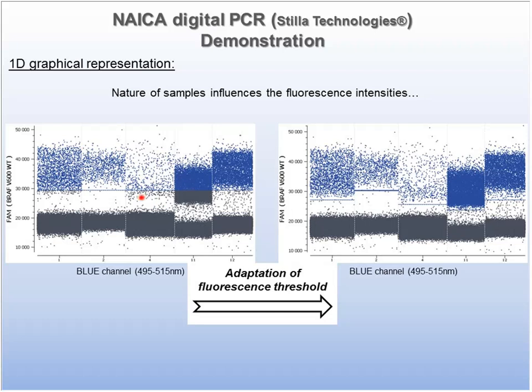If we set up the same threshold of fluorescence, some of the positive droplets are missing. So it's also possible to adapt the threshold individually in each chamber. And by doing that, we can analyze all positive droplets.